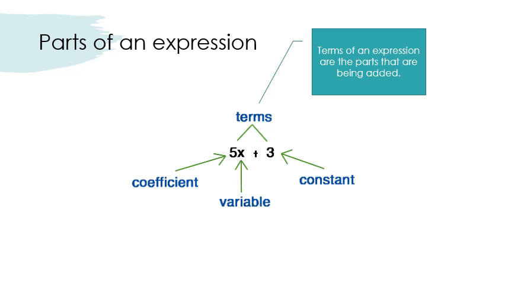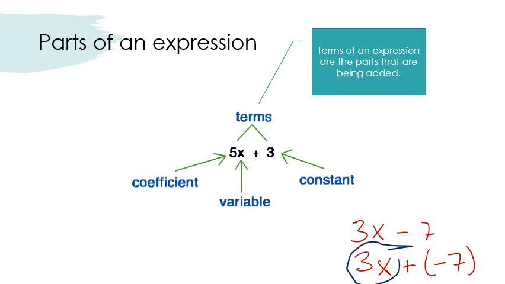So if you have, for example, the expression 3x minus 7, you can rewrite that as 3x plus negative 7. So I have one term here of 3x, and what am I adding to that 3x? Negative 7.